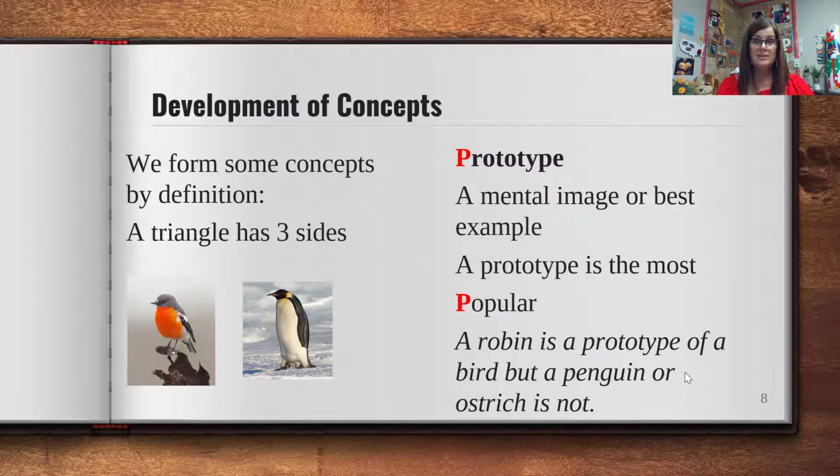So a robin would be a prototype of a bird because it's likely that when we think of a mental image of a bird or a best example of a bird, the penguin or even an ostrich, those don't really count as the best example or the most popular example of what a bird is, whereas the robin is more likely to be the prototype for what a bird is.